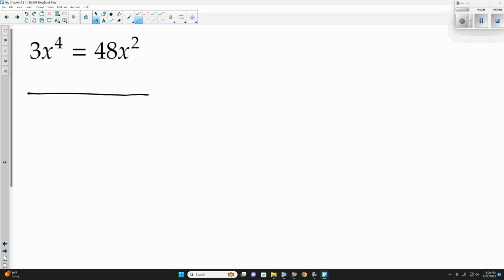So we're going to subtract 48x squared from both sides.